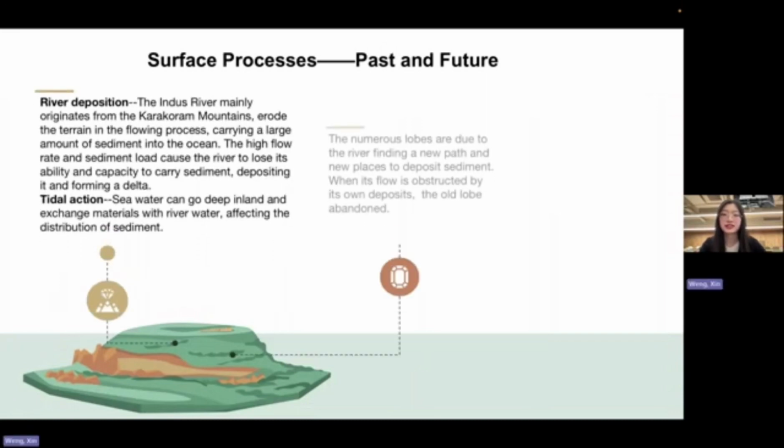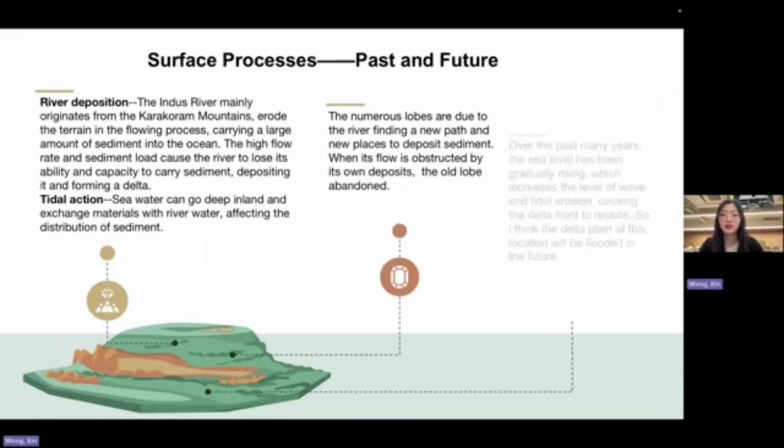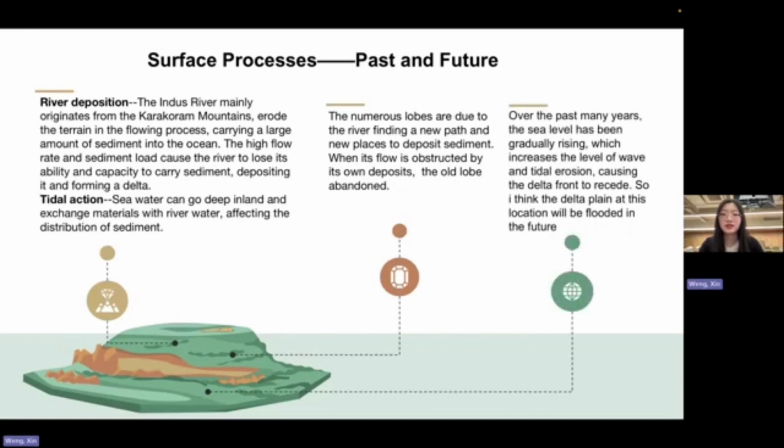For the surface processes, deposition can be one of the factors. The Indus River erodes the terrain, carrying a massive sediment load mainly from the Karakoram Mountains to the ocean. It follows its ability to carry sediments at high flow rate and sediment load, so deposits and forms the delta.